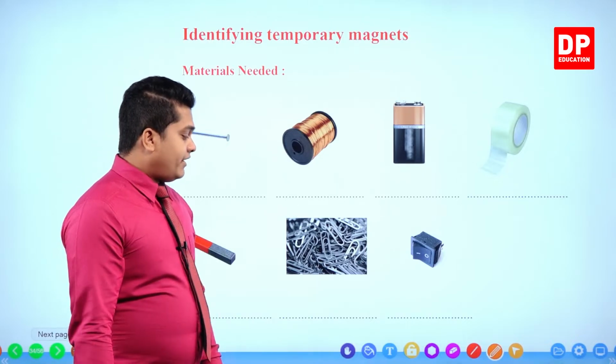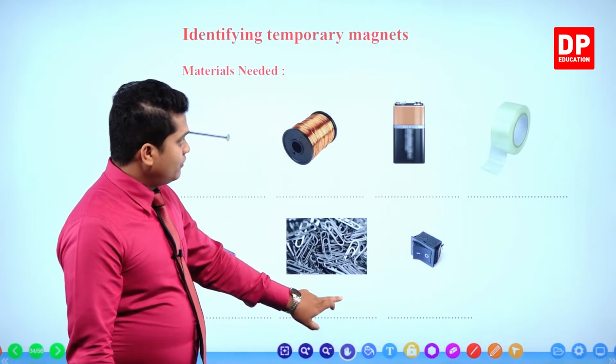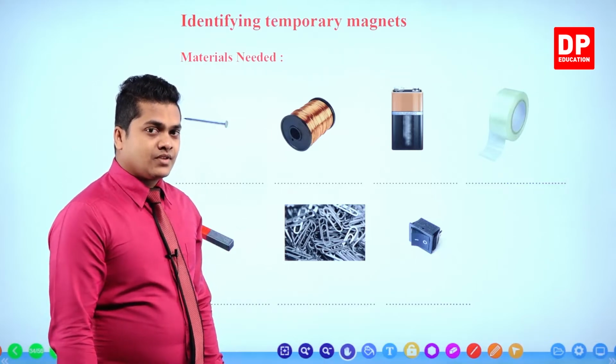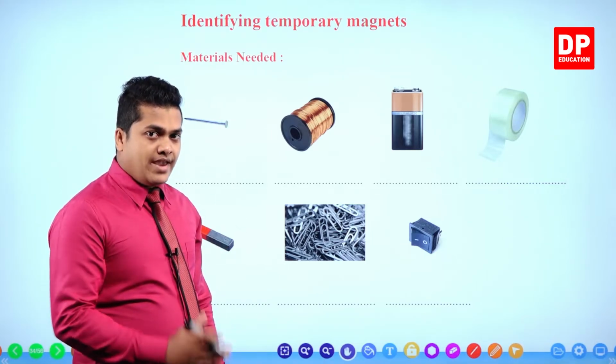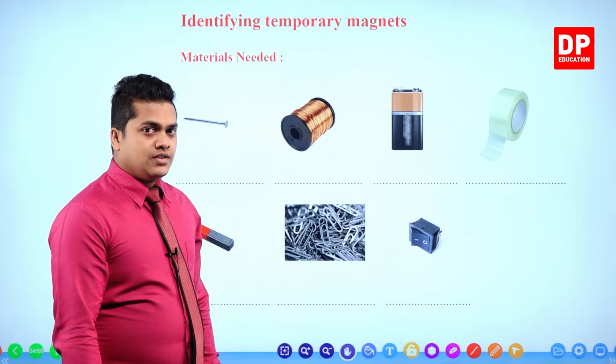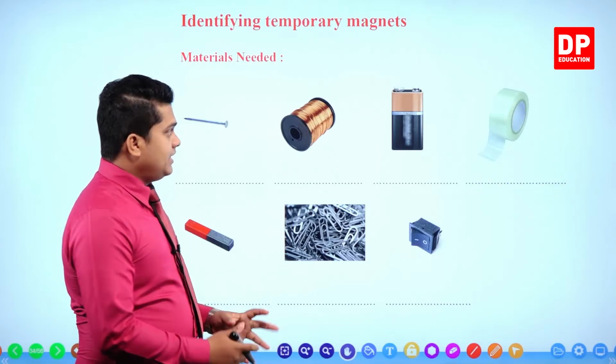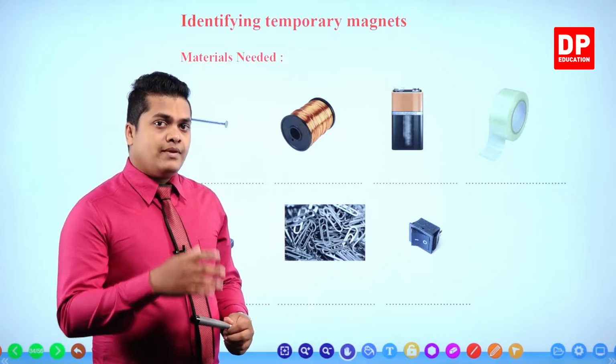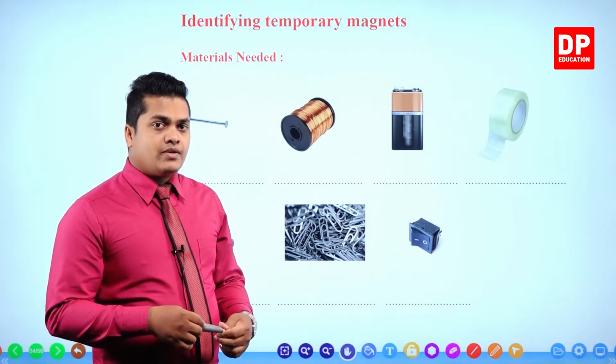To identify a temporary magnet, first of all, we need to make a temporary magnet. So in this activity, to identify the features of a temporary magnet, we'll be building a small temporary magnet.